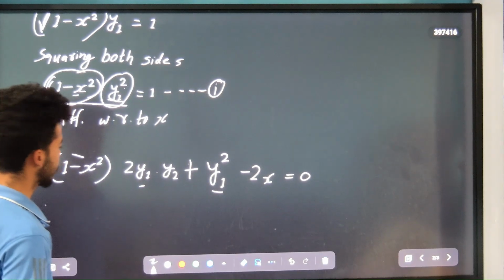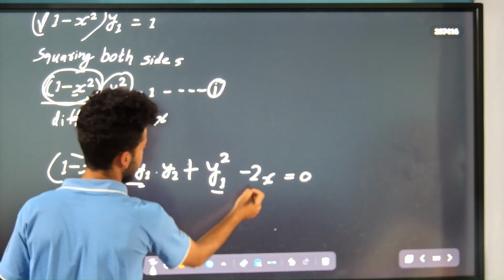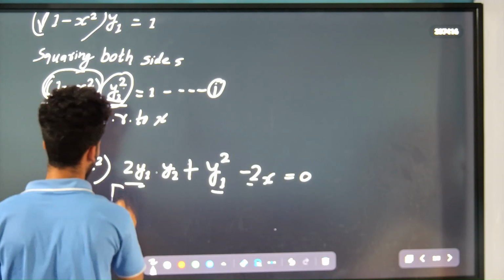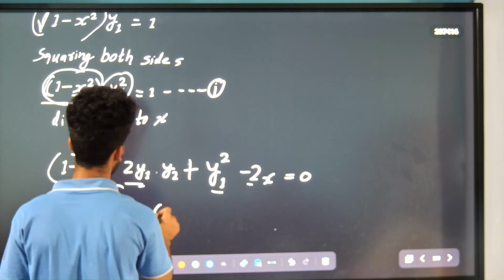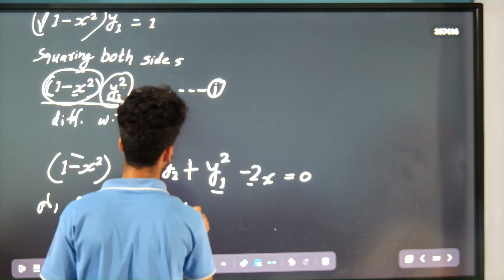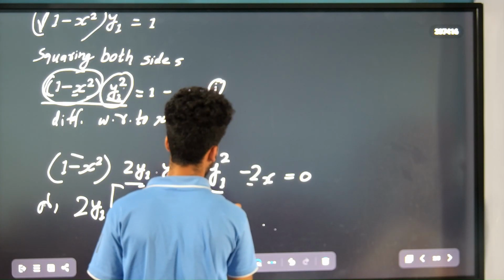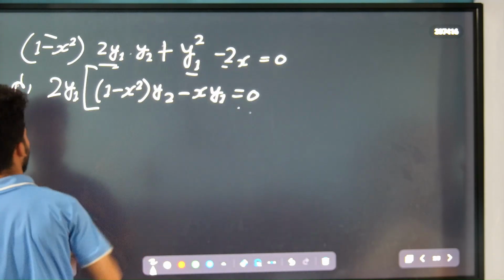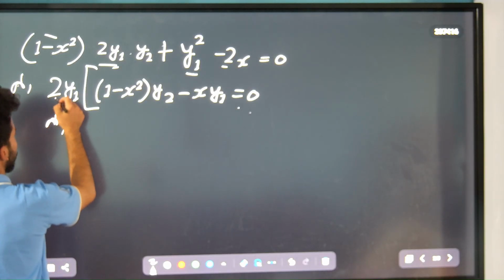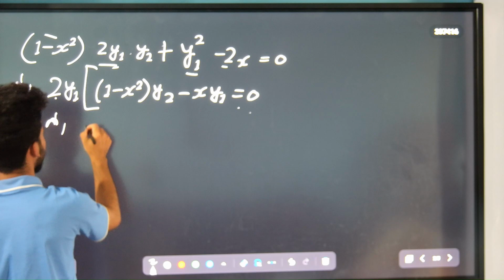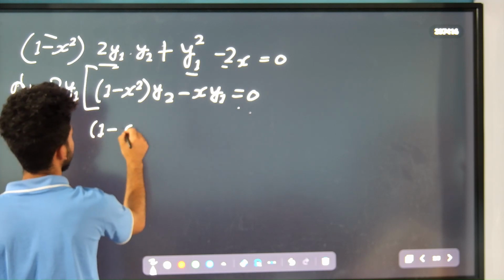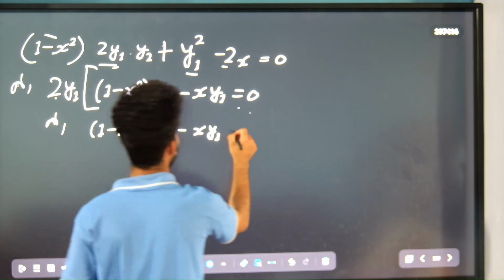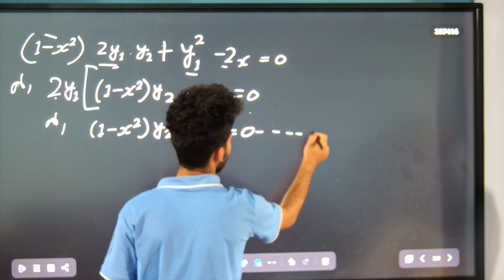Here we can easily see that 2y1 is common, so we take 2y1, then it remains 1 minus x square y2 minus x y1 equals 0, or this multiplied with 2y1 is 0, so it becomes 0. Now 1 minus x square y2 minus x y1 equals 0. This is equation 2.